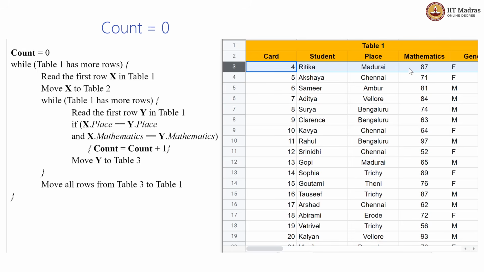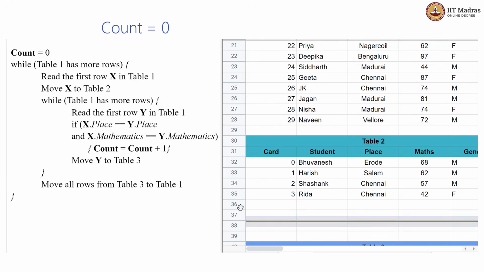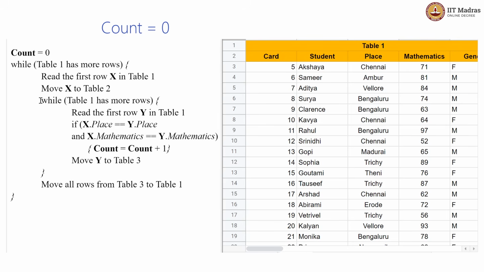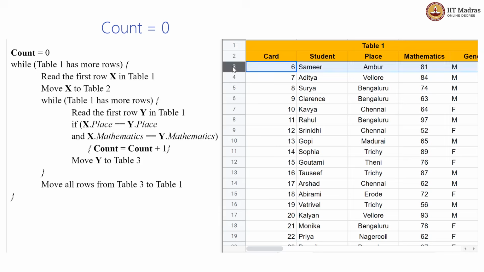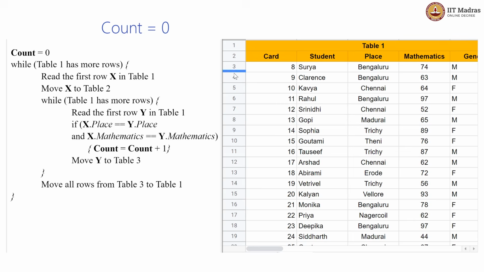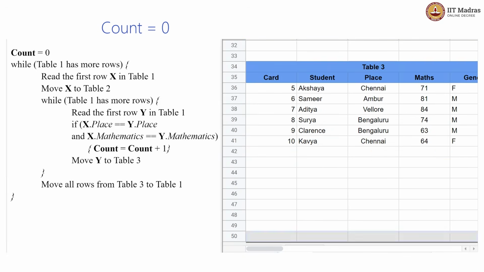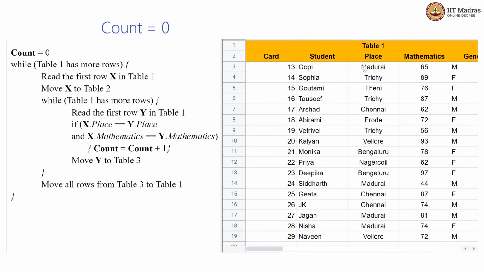Now this is row X, which we move to table 2. Place is Madurai, math score is 87. Going back into this while loop. Now we have a Madurai, but math score does not match.